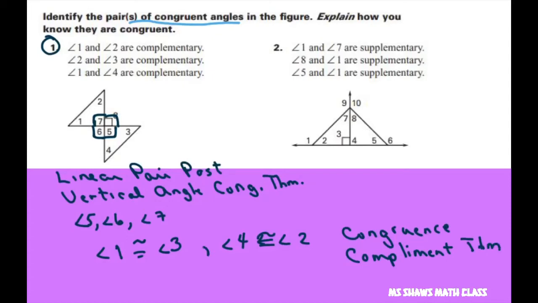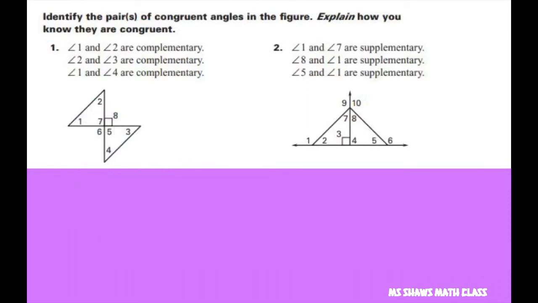And that's by the angles: 1 is congruent to angle 3, and angle 4 is congruent to angle 2 by the congruence complement theorem, because they're complementary. All right, so the next one is number 2.